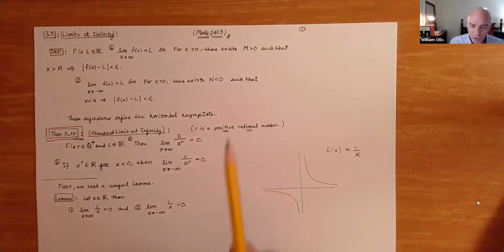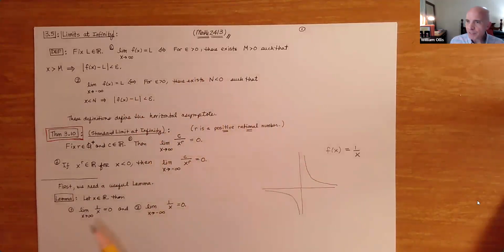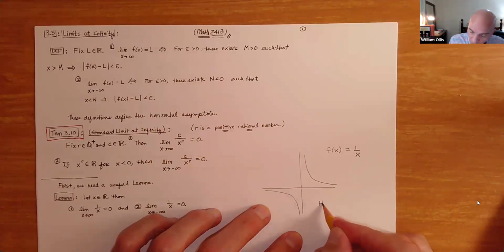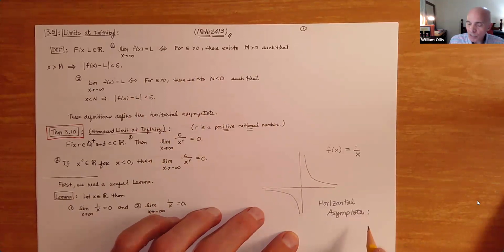But notice with this type of definition, again, we have the term horizontal asymptote. And we would always think, what happens as x passes to infinity?